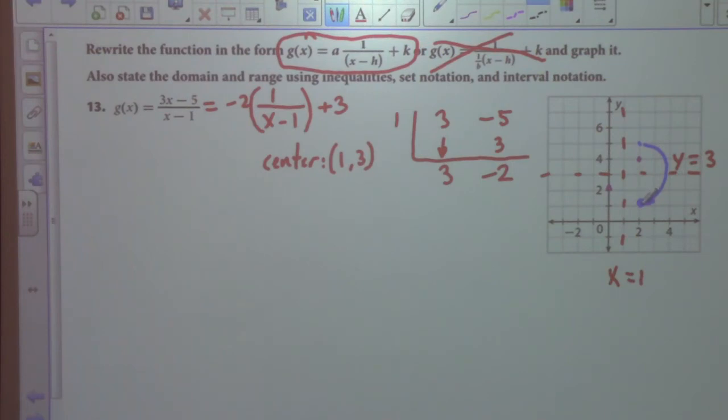So that's one of the points we're going to use to draw the graph, and that's 2 units from the horizontal asymptote. So we can mark another point 2 units from the vertical asymptote, and the graph of that is going to look like this. Something like that. You see what it's doing? It's approaching the asymptotes on either side.